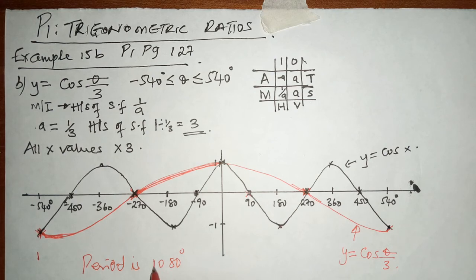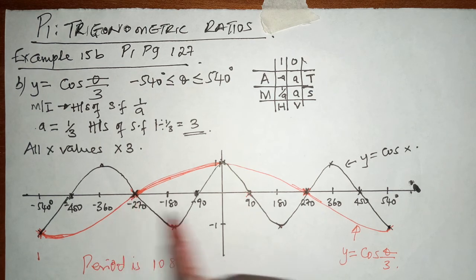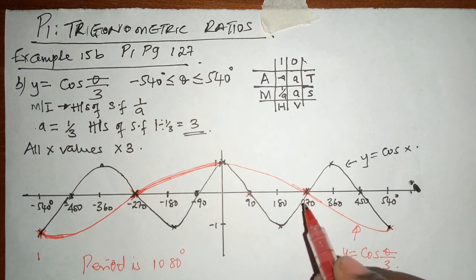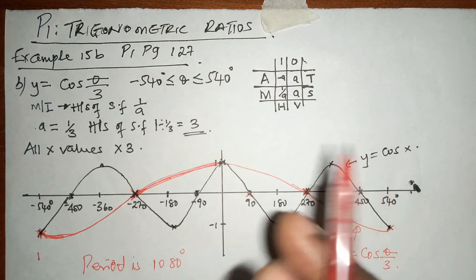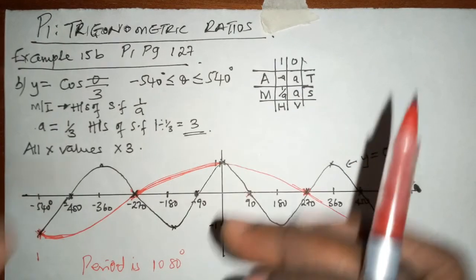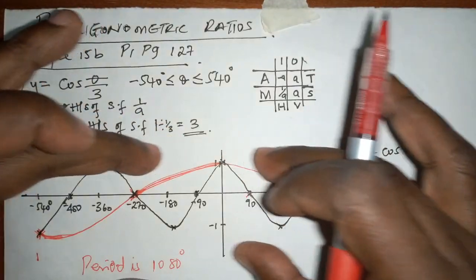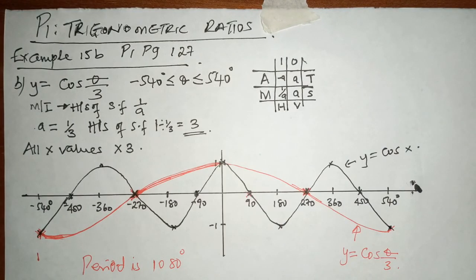The graph repeats itself after 1080 degrees. The curve crosses the theta axis, or the x-axis, at negative 270 and positive 270. It is just stretched along the x-axis.